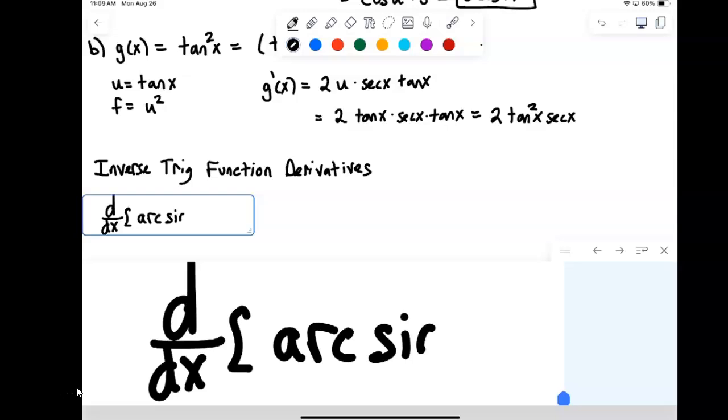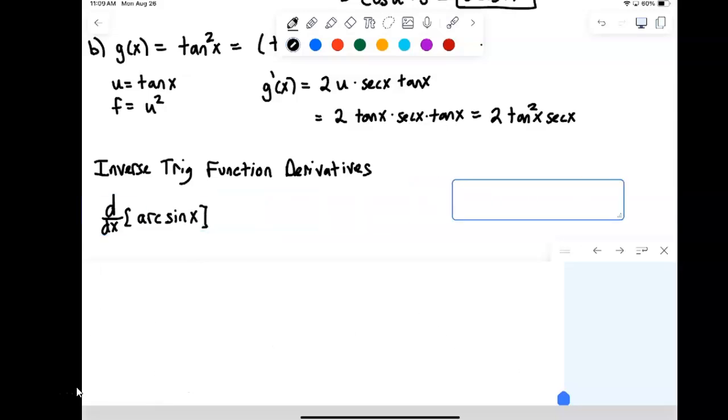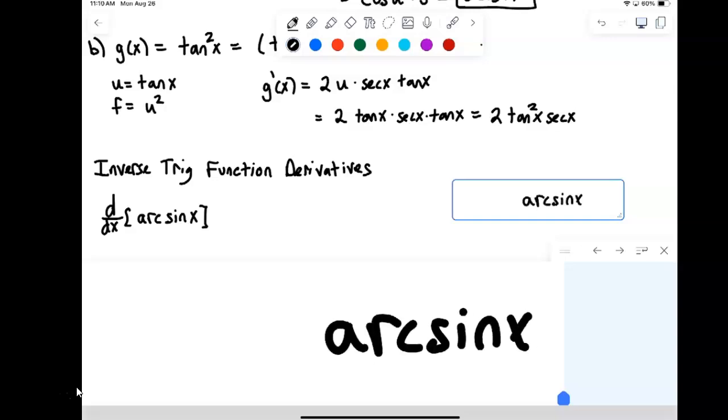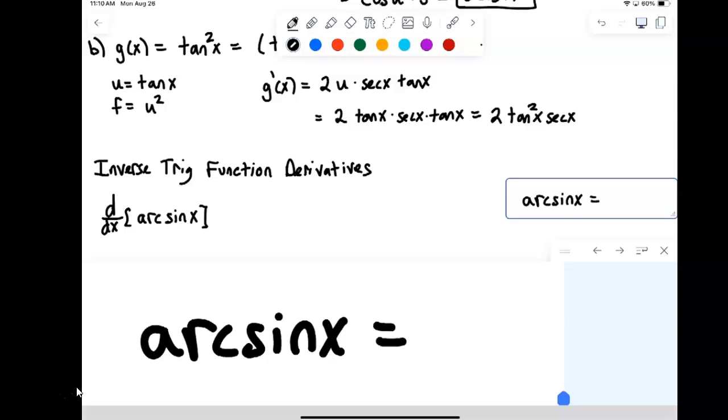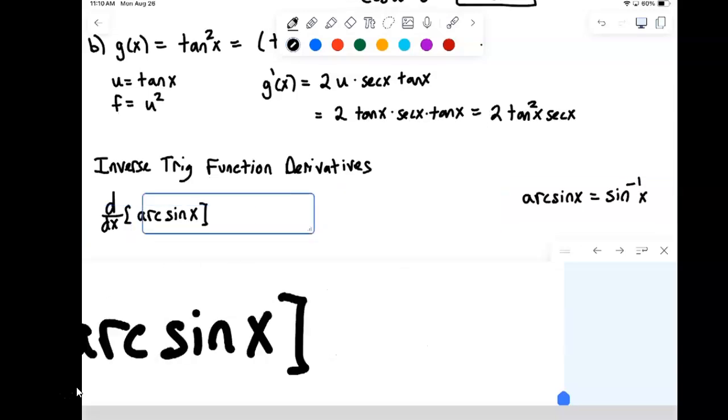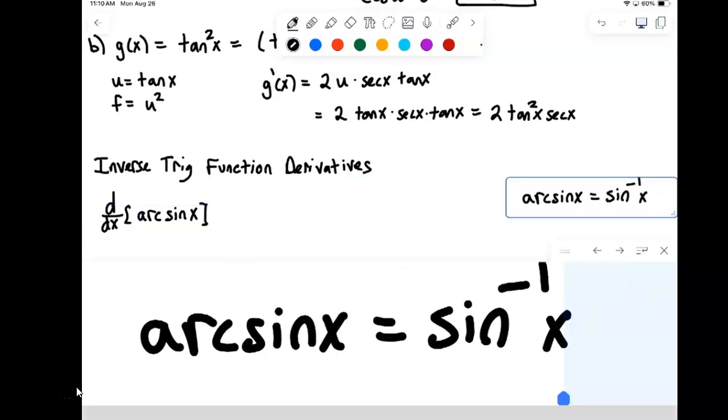Now there's two ways to write your inverse trig functions. There's the more calculus way, and then there's the more pre-calculus way. I'll use both.